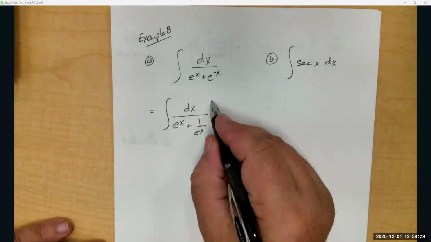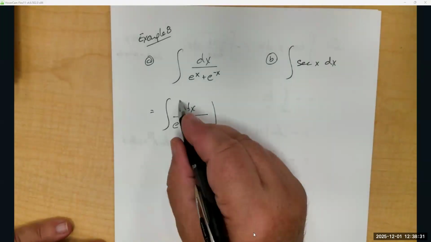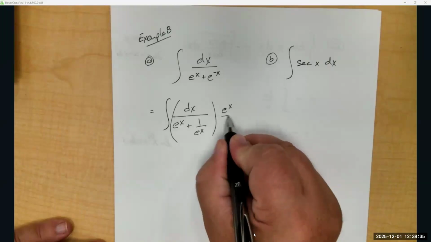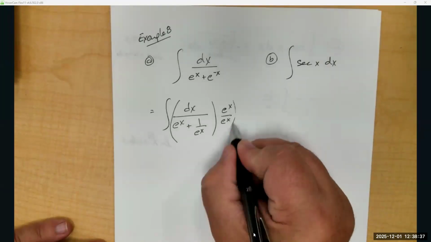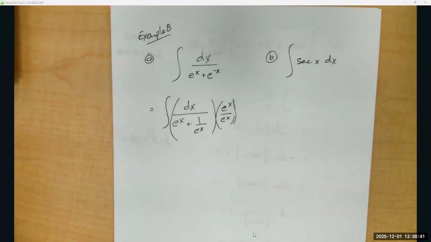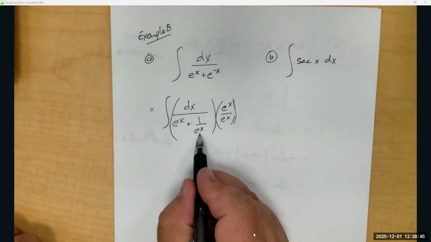So what we have to do first with this equation is multiply it by 1. If we multiply top and bottom by e to the x, because that'll get rid of our fraction on the bottom.